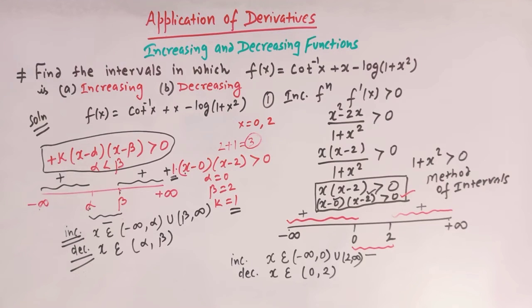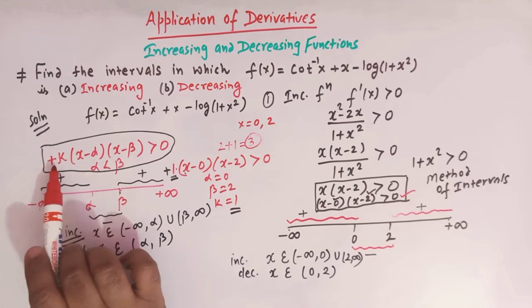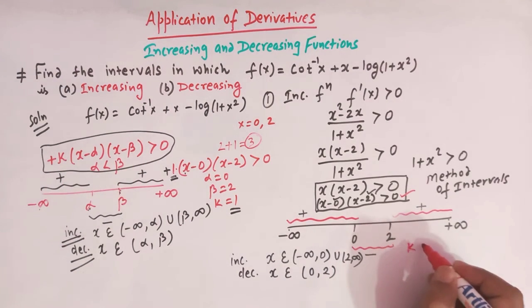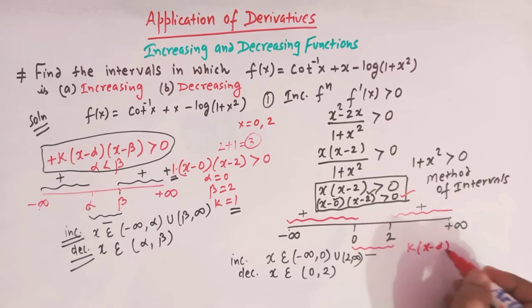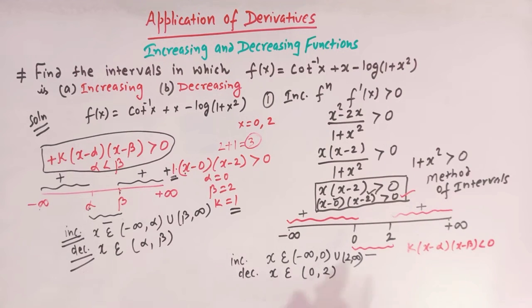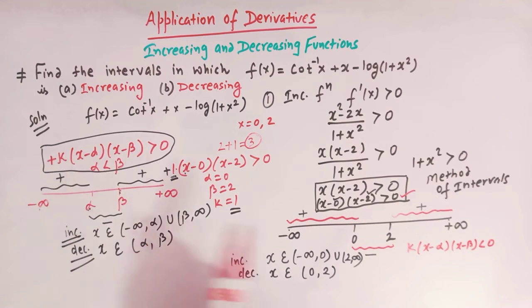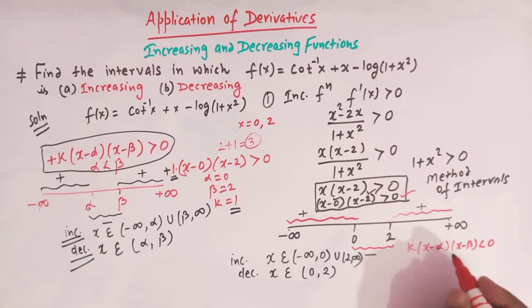But here I would like to mention one important thing. Suppose instead of this inequality we have k times x minus alpha and x minus beta is less than 0. When we have this case, we can write the intervals like this.